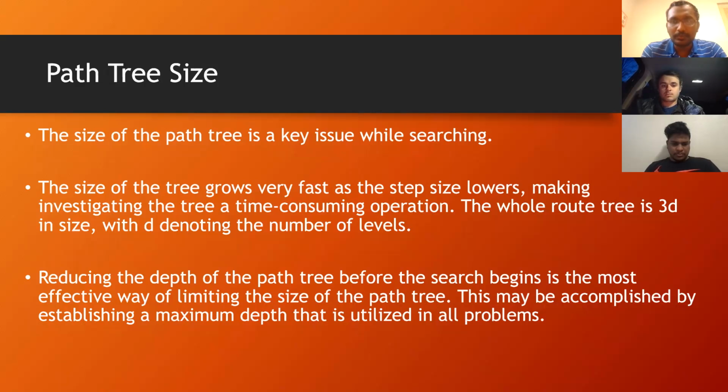The size of the whole root tree is 3 to the power D. That means if D increments, the number of nodes the path takes increases, and so does the execution time. Reducing the depth of the path tree before the search begins is the most effective way to limit the size of the search path, to accomplish the best results and to reduce the execution time.